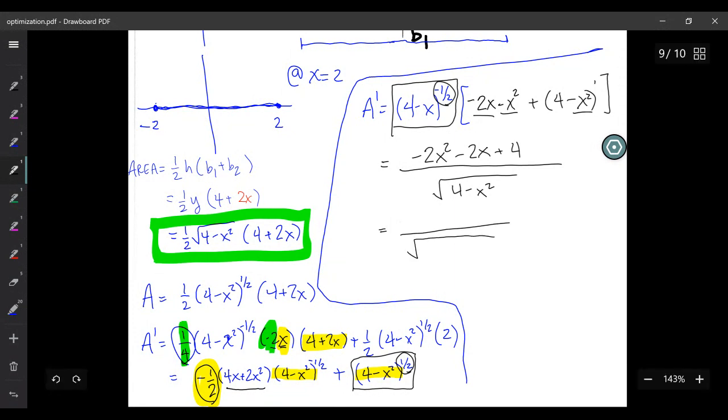I'm just going to keep going. If I pull out a -2, I get x squared plus x minus 2.